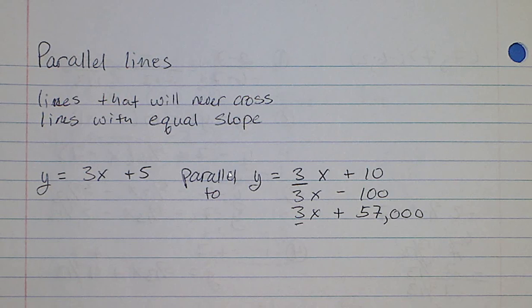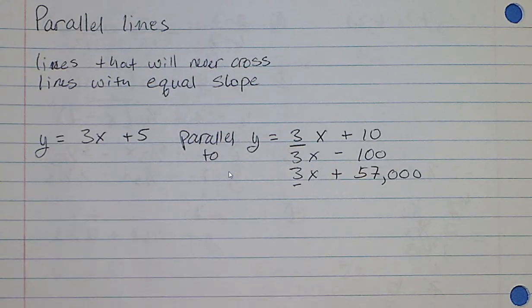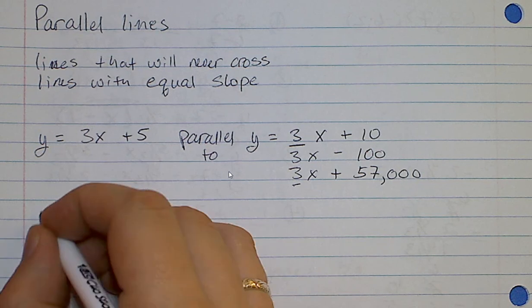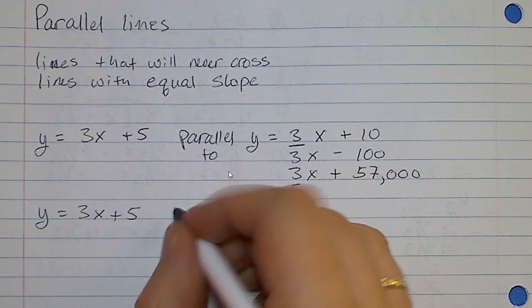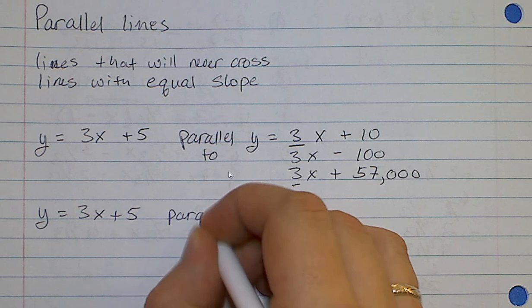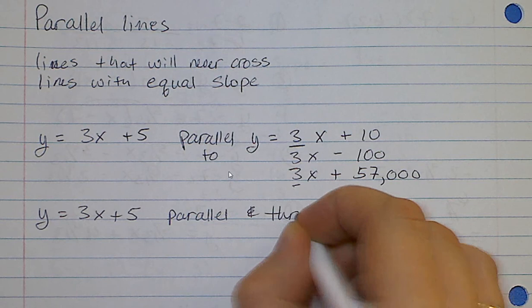Now how this works as far as your assignment today goes is I'm going to be giving you an equation of a line. Let's say it's y equals 3x plus 5. And I want to know the equation of a line that is parallel to it and also goes through a specific point.